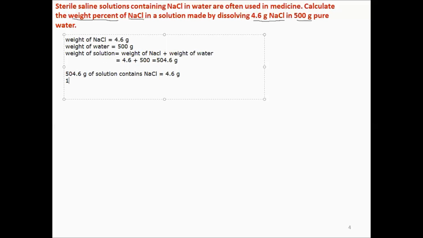So we can calculate that 1 gram of solution contains NaCl equal to, applying the unitary method, 4.6 divided by the weight of solution, 504.6.